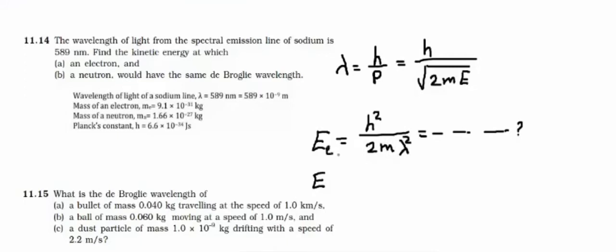Suppose this is for electron, here you have to substitute the mass of electron. For neutron, again, you have to calculate by substituting the mass of neutron. Question 15. What is the de Broglie wavelength of a bullet of mass 0.04 kilogram traveling at a speed of 1 kilometer per second?